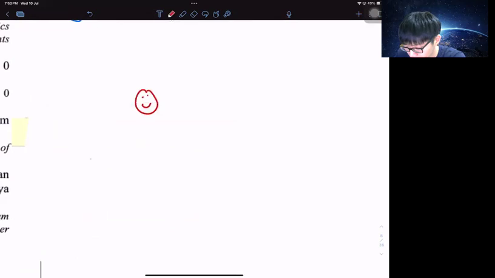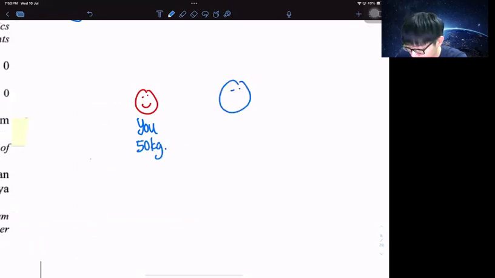Okay, let's not use weight for human beings. Okay, you, so you can relate better. Okay, if let's say you are 50 kg, okay, and then Najib 80 kg.